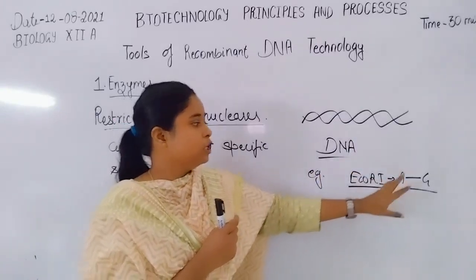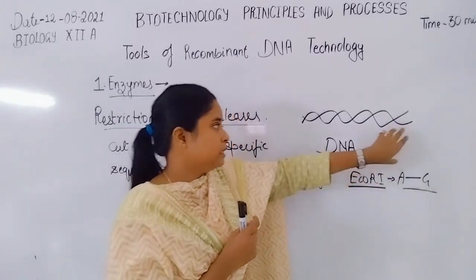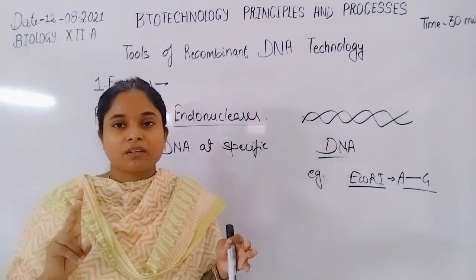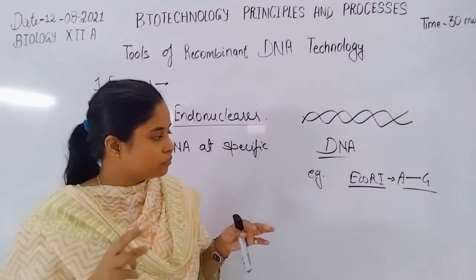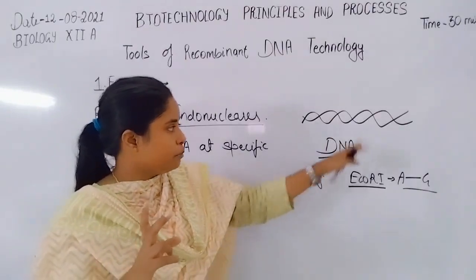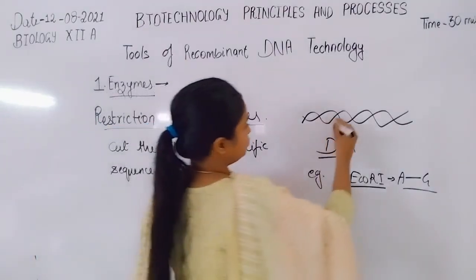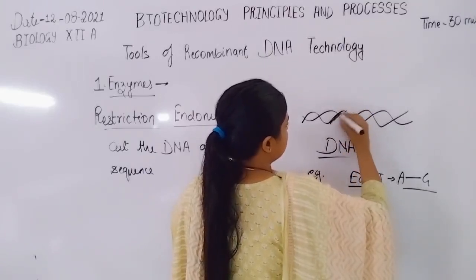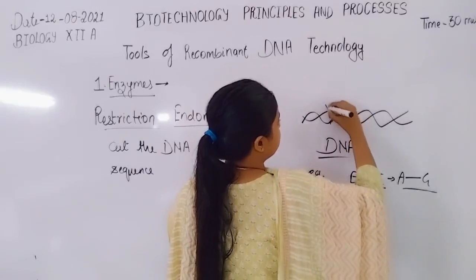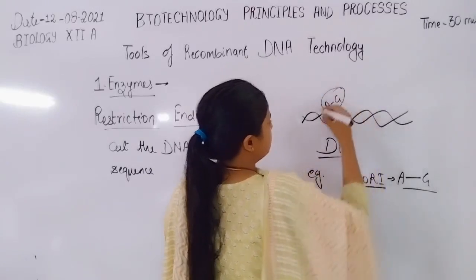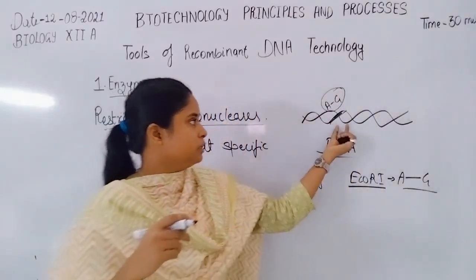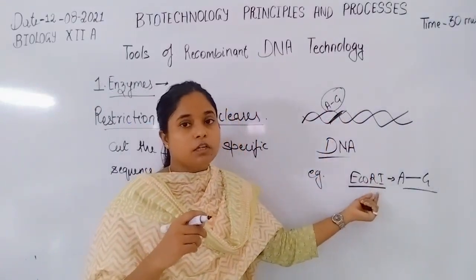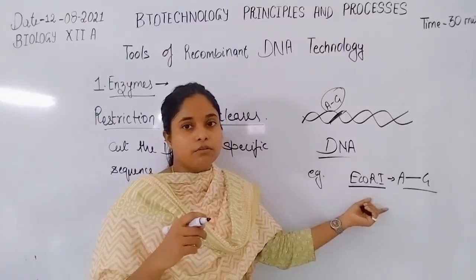If we want to cut this DNA molecule at this region, and it has an A G sequence in this region, then we use the EcoRI restriction endonuclease.